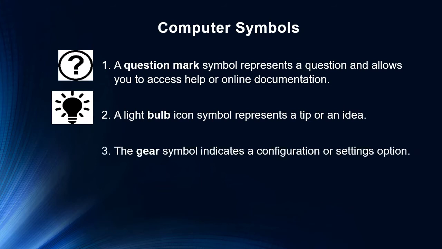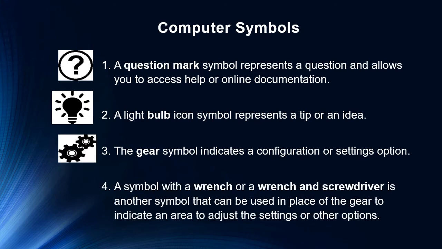Number 3, gear. It indicates a configuration or settings option. A wrench, or a wrench and screwdriver, is another symbol that can be used in place of the gear to indicate an area to adjust the settings or other options.